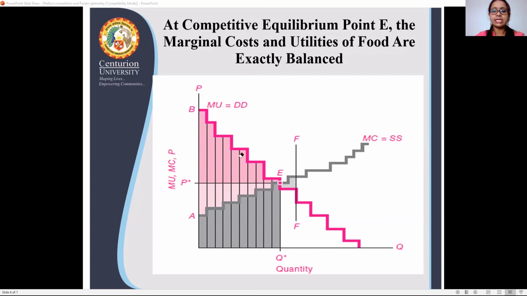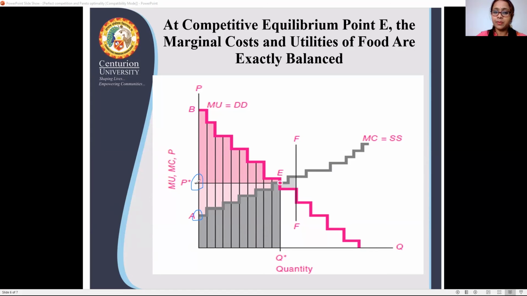So let us see the other side, from the producer's point of view. The producer is ready to sell at price A. On the other hand, what is the price that the producer is charging? The producer is charging price OP.